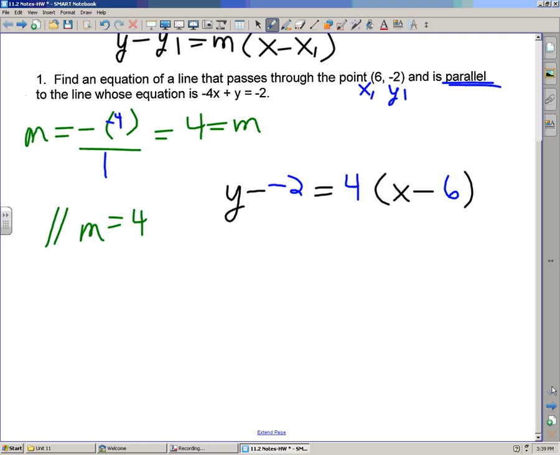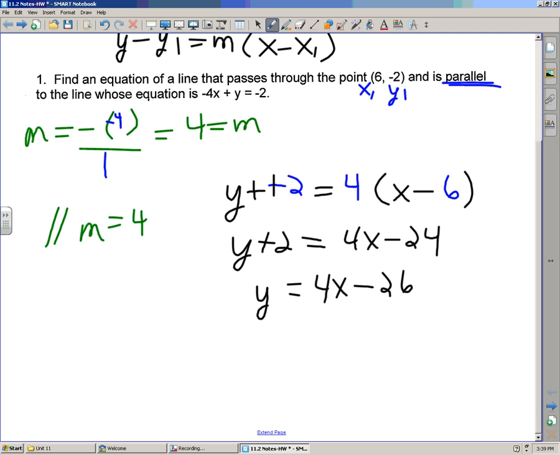When I do my math, I can't forget that this becomes y plus 2 when you distribute 4x minus 24. You need to subtract 2 on both sides, and the equation of the line that's parallel to the given line would be this, y equals 4x minus 26.